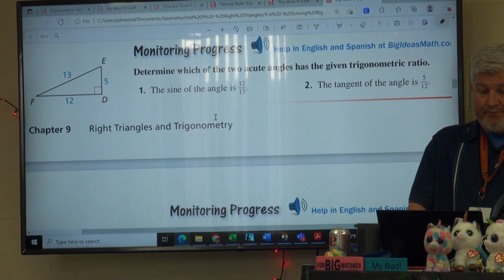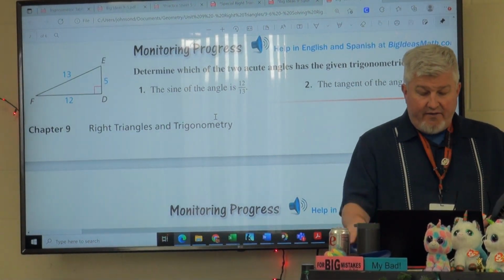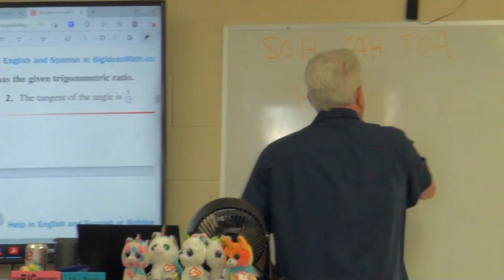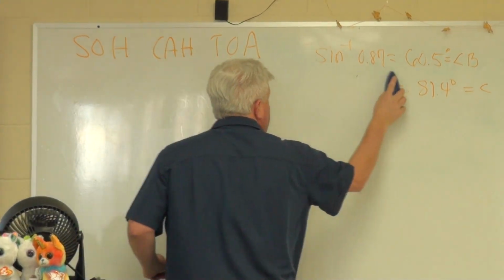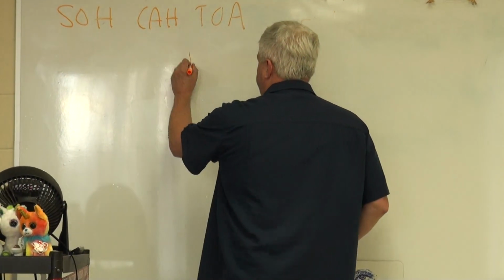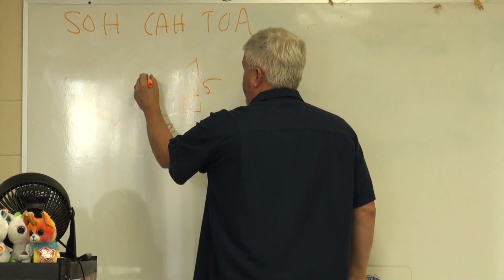All right, now we're back. So the first thing asks you for the sine of the angle is 12/13. Let me write that on the board. So the triangle looks like so, 5, 12, and 13.